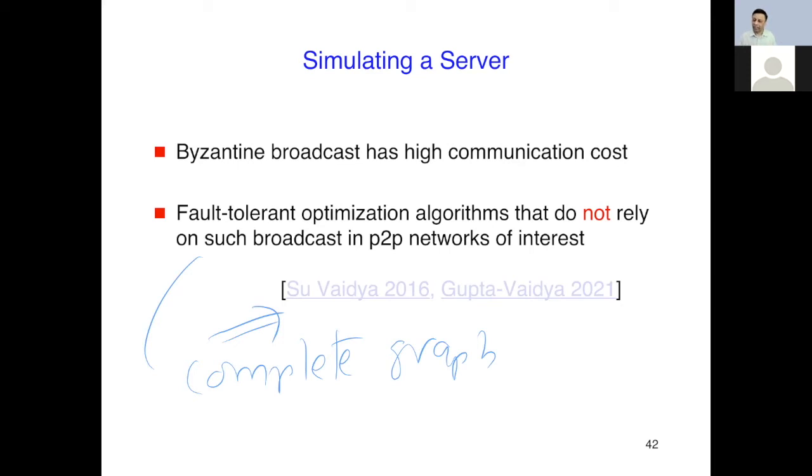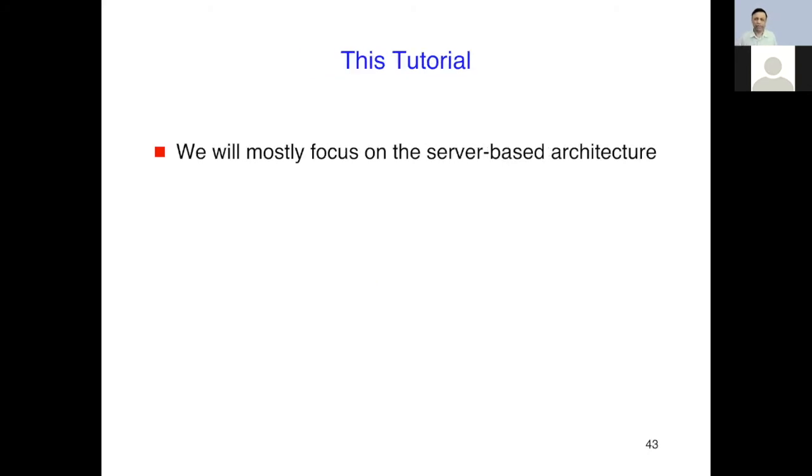Without having to do Byzantine broadcast, the algorithm still provides usable output. We won't discuss the details of those algorithms today, but there are pointers here if you would like to look them up later. So like I said, we're going to focus on the server-based architectures for the rest of today.